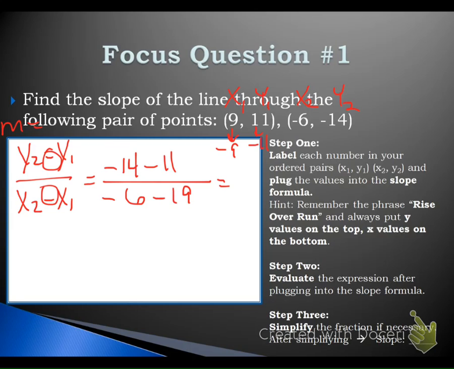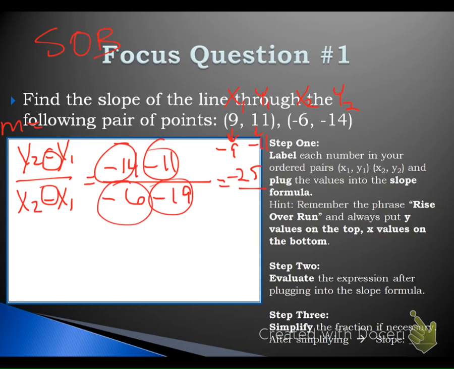You could just use your SOB rules. We have two negatives, so this is not multiplication. Use your SOB rule: same signs add, opposite signs subtract, bigger sign wins. There's the same sign, so we add 14 and 11 is 25, but the bigger sign wins, so negative 25. Over, we have a negative 6 and a negative 19. Again, those are the same signs, so you add.